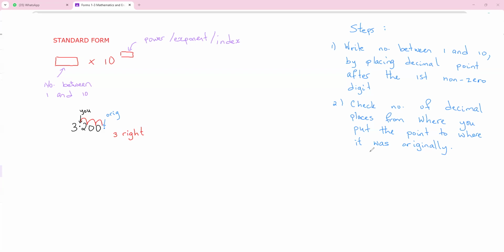So the next step is a condition. If we moved right, so this is a condition here. If we moved right, it's positive.